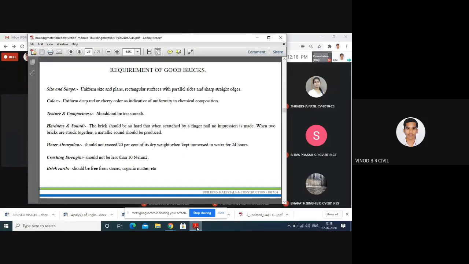As we already discussed, when kept immersed in water for 24 hours, it should not exceed 20% of dry weight. Crushing strength should not be less than 10 Newton per mm square. Brick earth should be free from organic matter, vegetation, stones and pebbles. It should be homogeneous. These are the basic requirements of good brick.